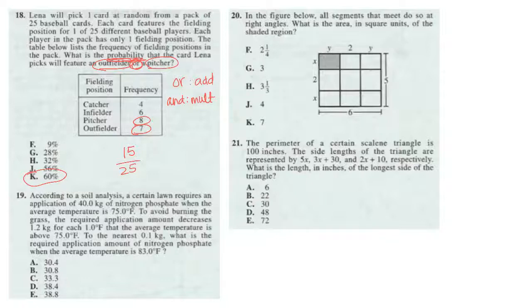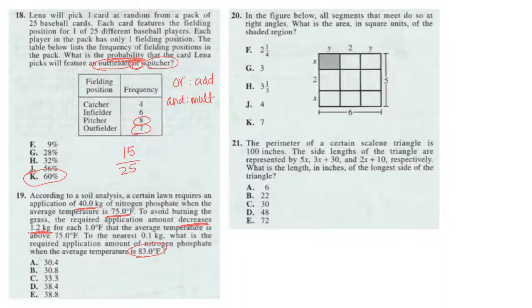Okay, moving on to number 19. You were told some different proportions and ratios here. So notice that we have 1.2 kilograms of something, and well, that decreases, sorry. We start out with 40, and it's going to decrease 1.2 kilograms for the temperature that is below 75 degrees. So what we need to do is calculate what's going to happen at 83 degrees.